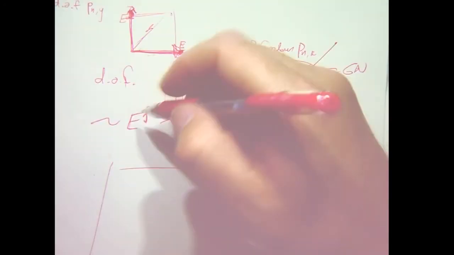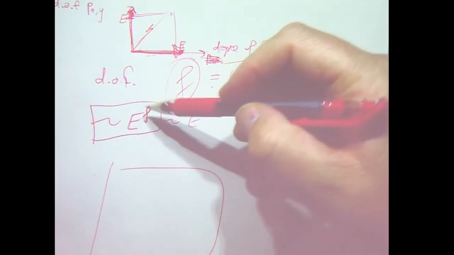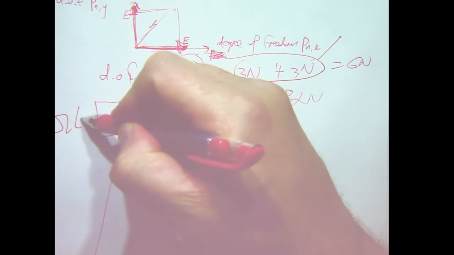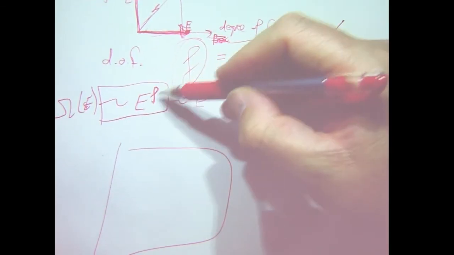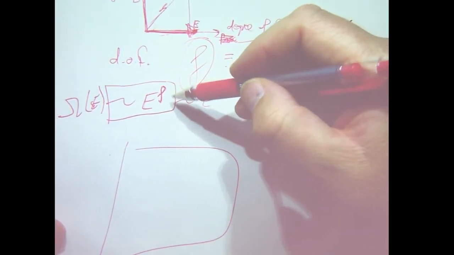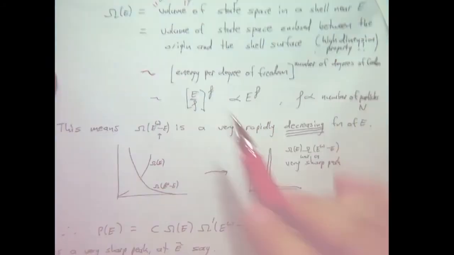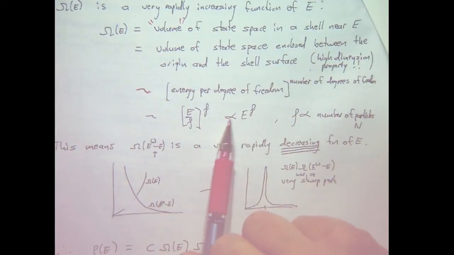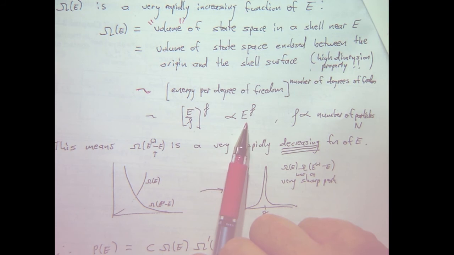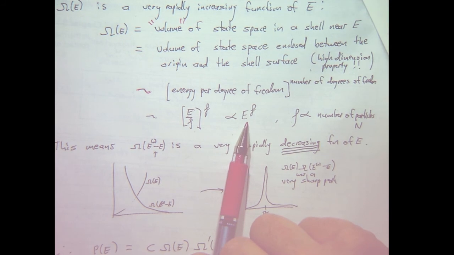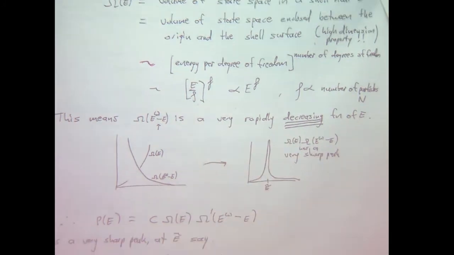So the main point is that omega of E very roughly goes as e to the power of the number of degrees of freedom. But that means it's an extremely rapidly increasing function of the energy. And we sensed this in the simple toy example in lecture 8. Okay? And this is the reason for it.